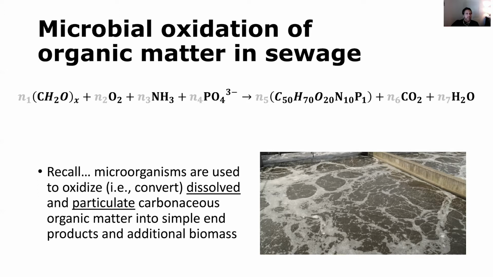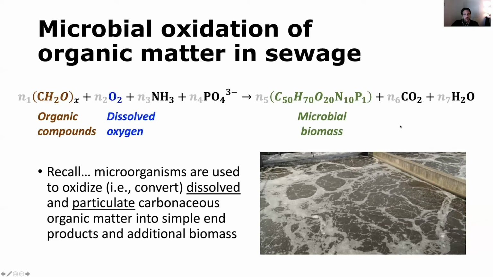So we have a generic stoichiometry for this process, where we've got organic compounds in the wastewater, which are being converted to microbial biomass and CO2 in the presence of dissolved oxygen. So the dissolved oxygen is used for balancing the redox reaction that takes place.